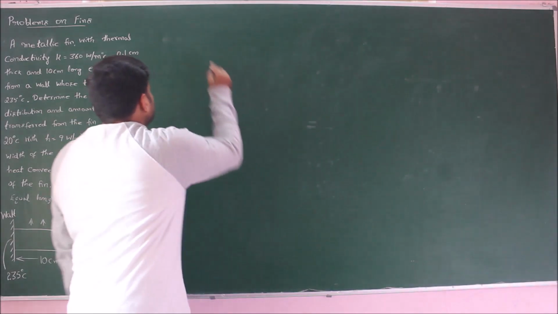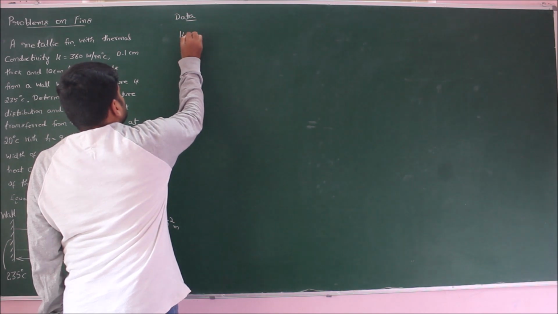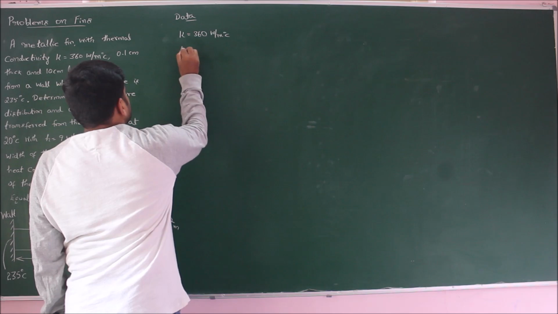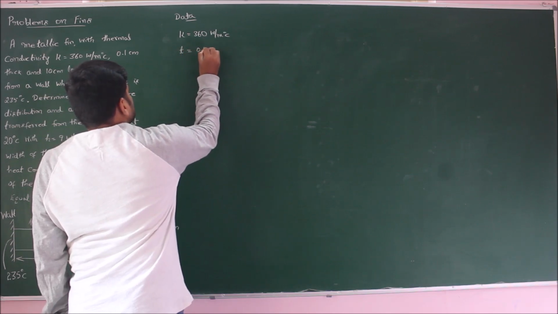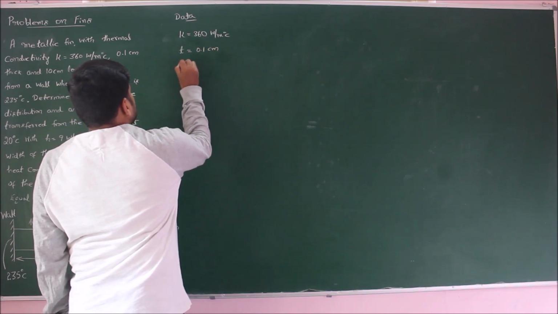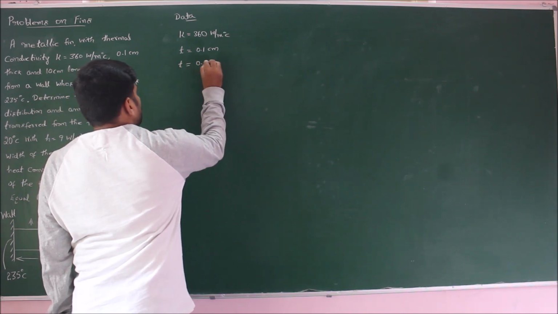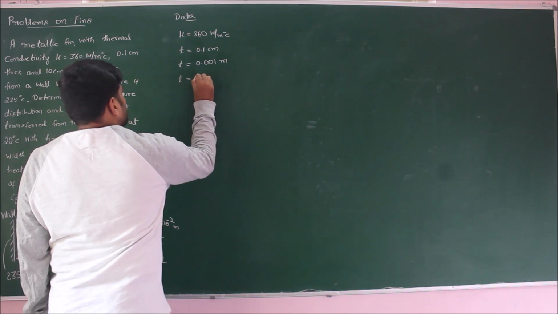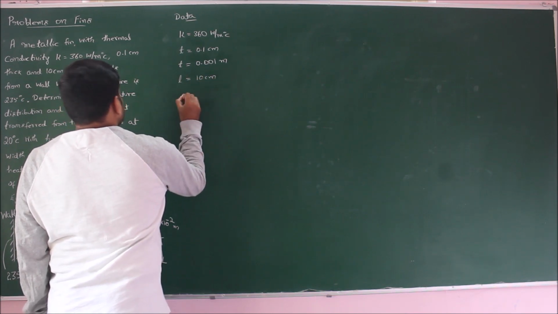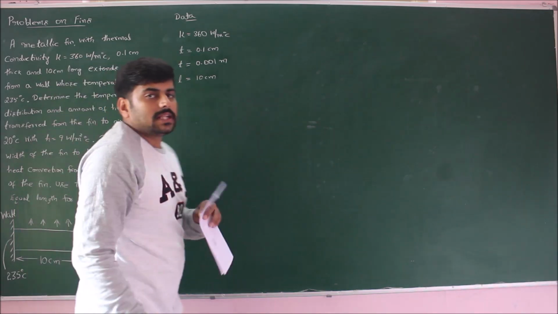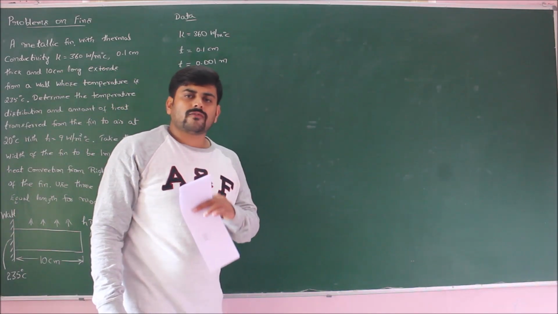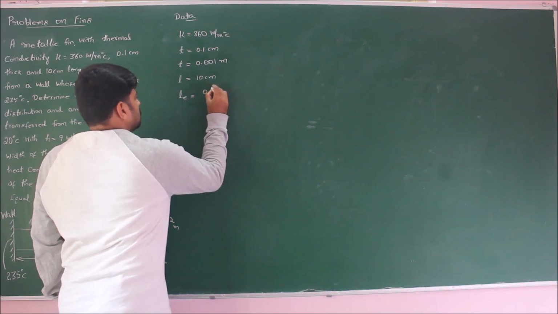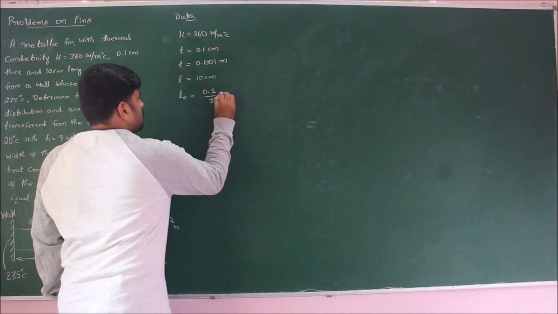The data given in the problem: thermal conductivity is 360 watt per meter degree Celsius. Thickness is 0.1 centimeters, that is, 0.001 meters. Overall length is 10 centimeters. Since we are asked to model the problem with 3 elements of equal length, the elemental length will be 0.1 by 3 meters.